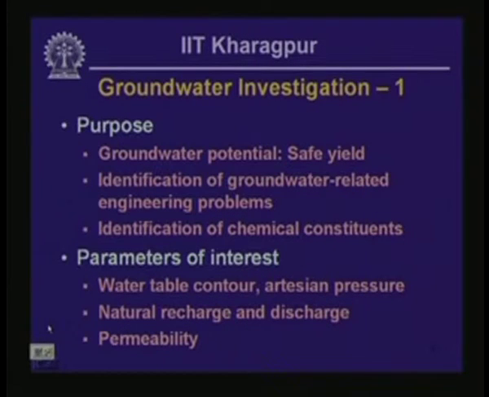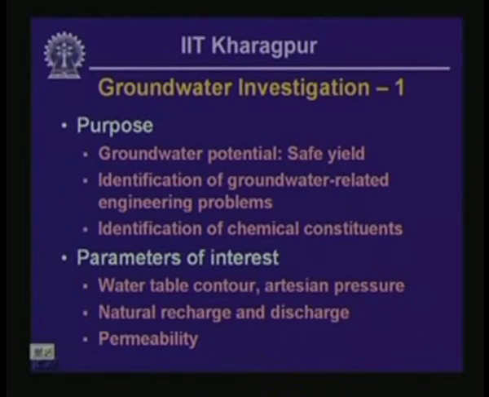Okay. So, first of all, we look at the typical objectives and procedures for groundwater investigation. Now, in order to assess groundwater potential, the first step is to carry out a groundwater investigation. That investigation should ideally give us some idea about the safe yield of an aquifer.